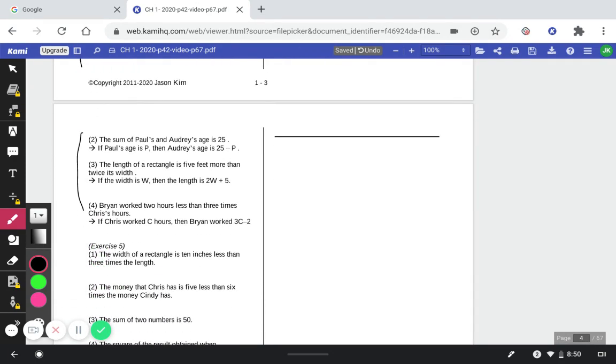How about: the sum of Paul and Audrey is 25. So you have "and" with a sum. So you say P plus A equals 25.